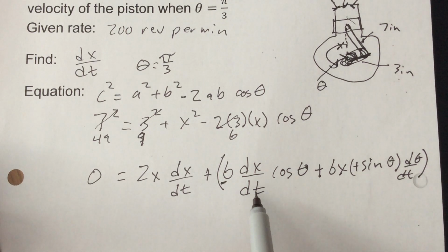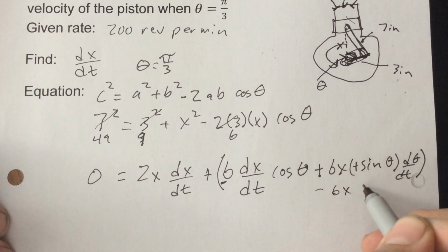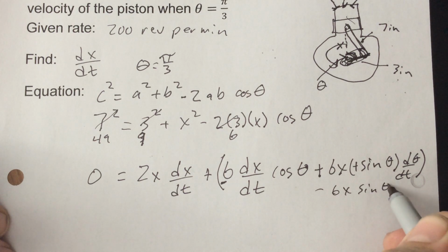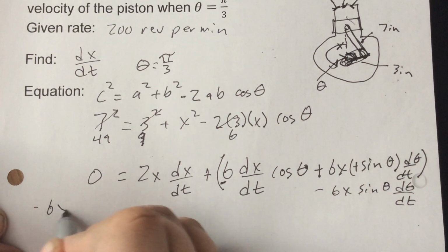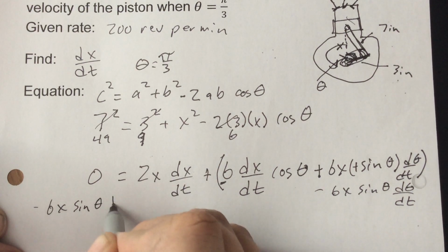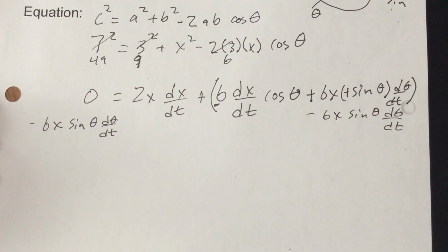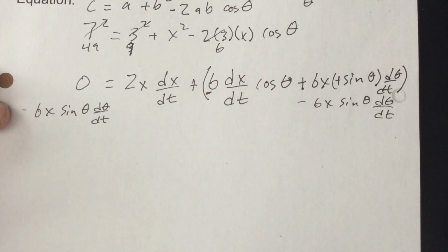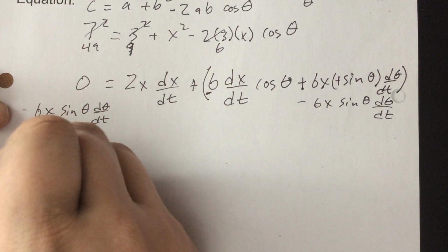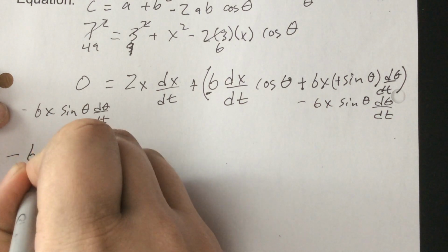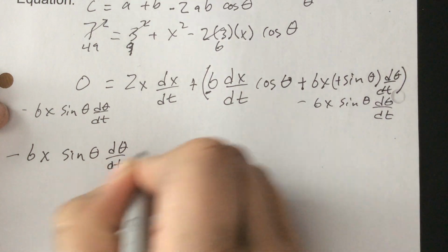Anything that has a dx dt has to go to one side, so we're going to subtract our 6x sine theta d theta over dt to the other side. What that's going to do is leave everything that has a dx dt on this right side.